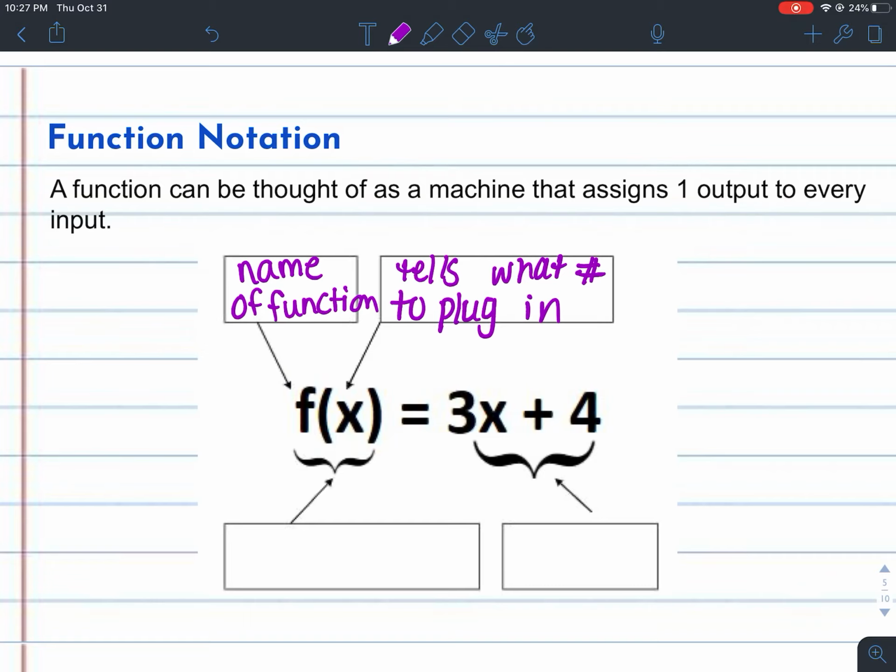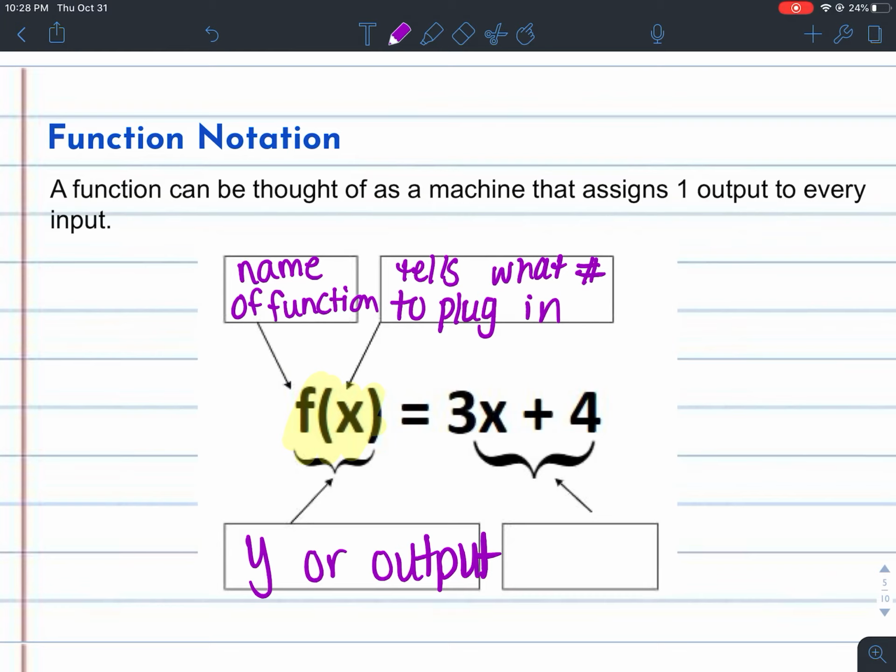And this whole thing is just another word for y, or whatever our output is. So as a whole, if it's got the f, the parentheses, and the x, or sometimes we don't name it f. Sometimes we name it g, for maybe Geraldine or George.